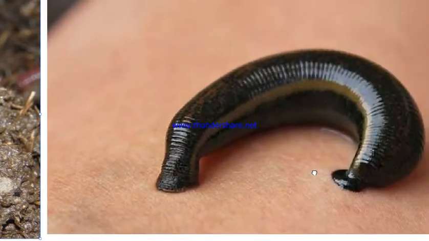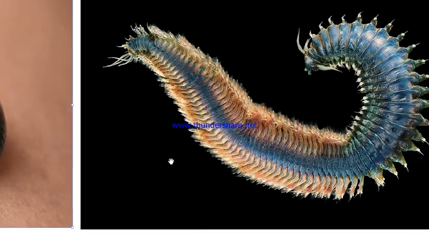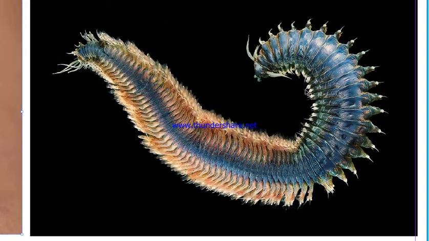And next, this is a cattle leech, Hirudinaria. Its scientific name is Hirudinaria. In this case also you can see there are segments in its body. And next, this one is called nereis. It looks like an insect.